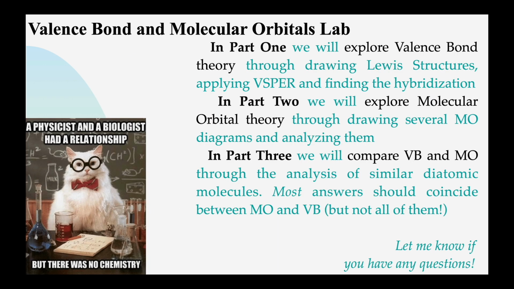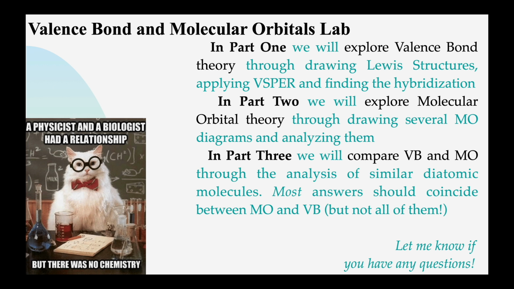In this lab, I'm giving you some rough examples of how this works out. In part one, you're going to explore valence bond theory. Basically, that's going to be more Lewis structures, applying VSEPR, and now throwing in the hybridization, which I'm hoping isn't too crazy. In part two, you're going to explore some molecular orbital theory diagrams.